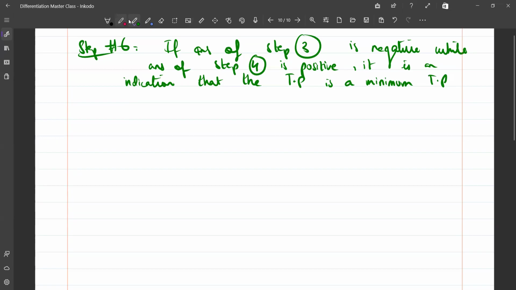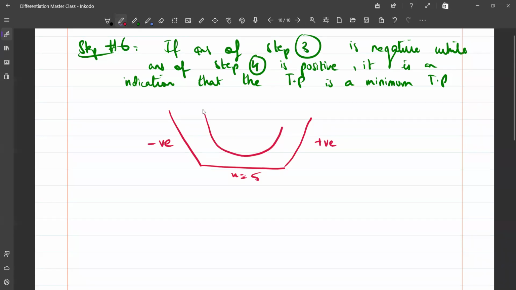So it would go something like this. Let's say one answer is negative at x is equal to 5, and the other answer is positive. So it would give us a minimum turning point, right? This would be a minimum turning point.